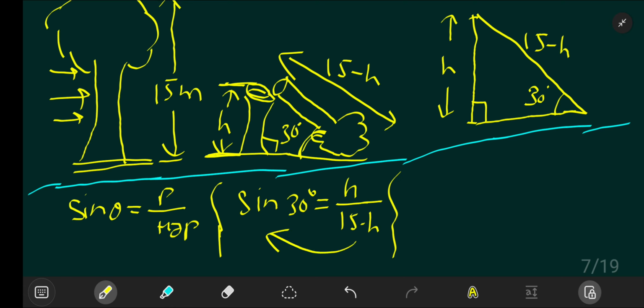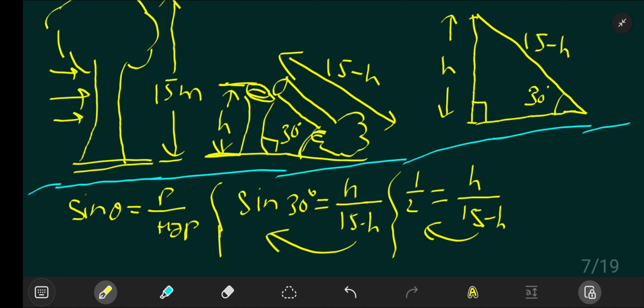Sine 30 degrees is 1 by 2. So 1 by 2 is equal to h by 15 minus h.